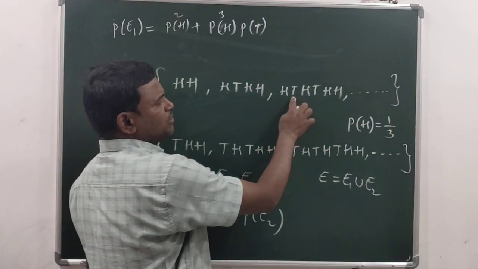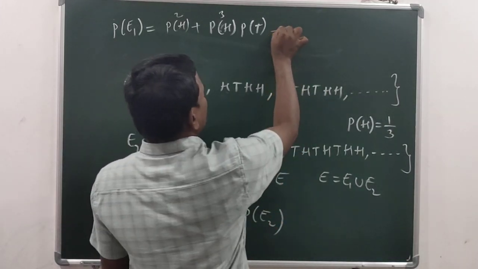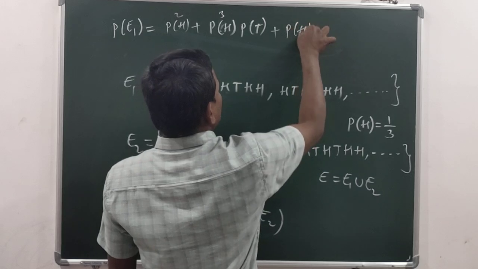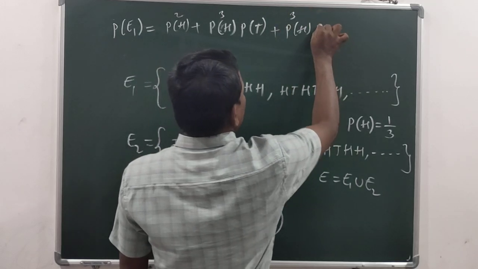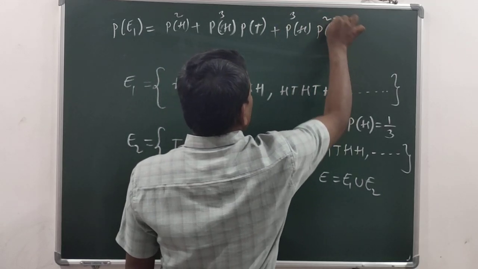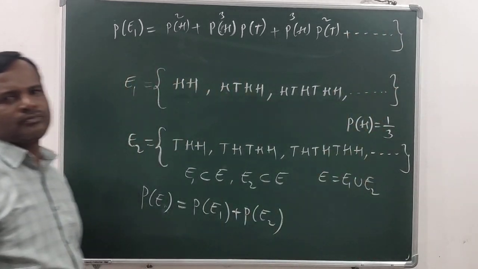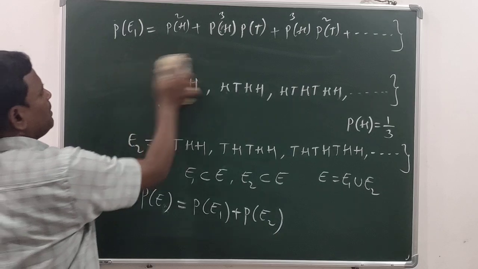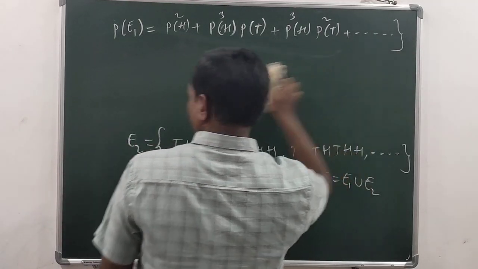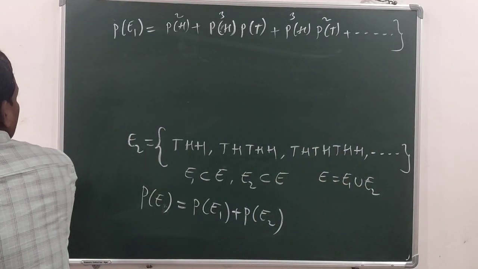Here 4 heads, 2 tails. So P of H whole 4 and P of T whole square. This process will continue. Okay. Now simplify that. If you simplify, what do you get?